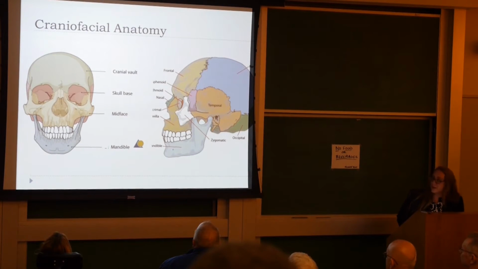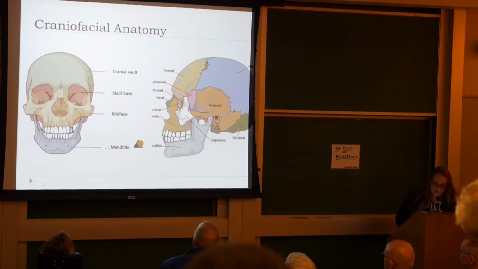So before starting anything, I know that we didn't put up a nice slide of the skull, but I just wanted to talk about the craniofacial anatomy since I'll be talking about some of the bones. As you can see, there are a lot of bones in the craniofacial skeleton. For instance, the bones around your eye, there are 7 of them. The ones I'll be focusing on here in green is the frontal bone.